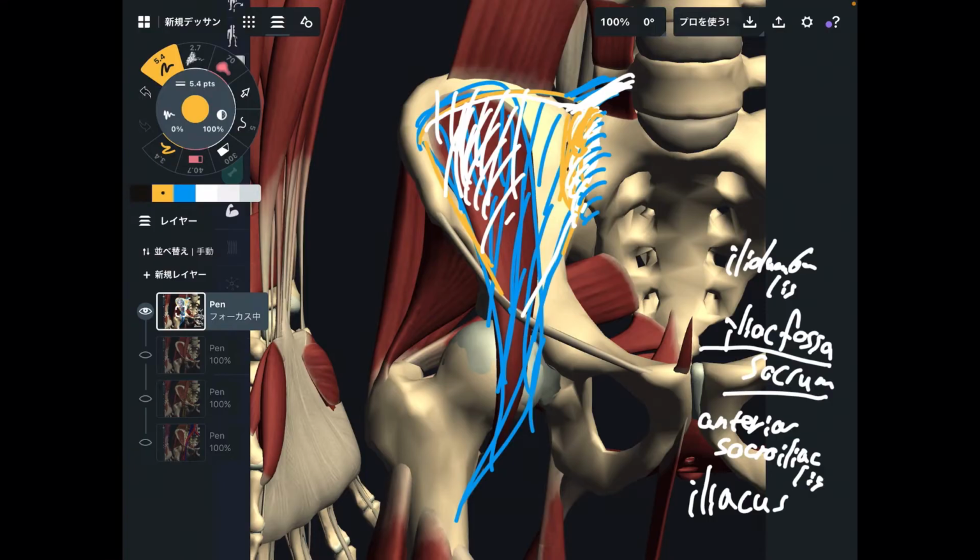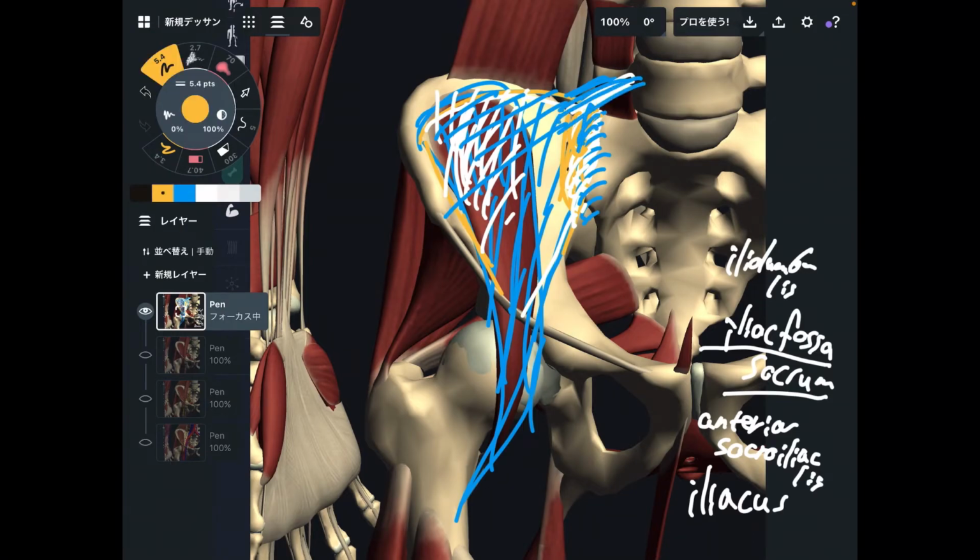Oh my gosh, you don't see this kind of detailed information in an anatomy book. You have to look for detailed anatomy on the internet or Google. If you Google iliacus and the ligaments, you find that. This is very deep information.